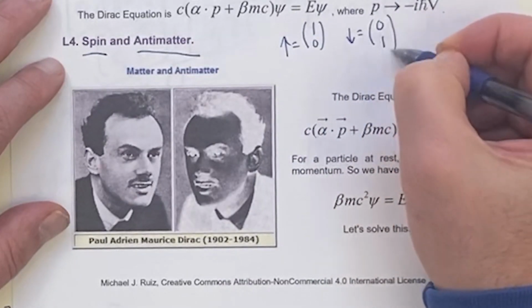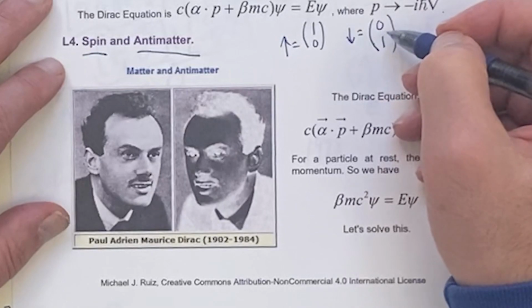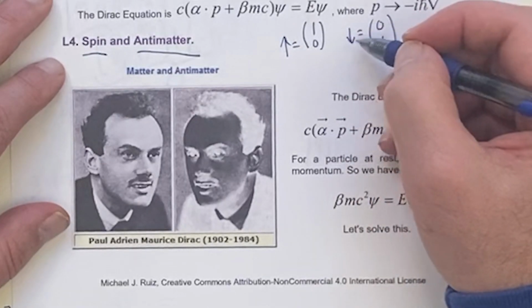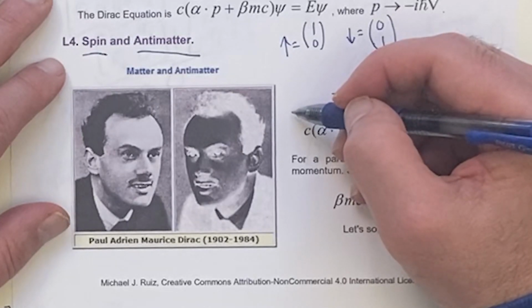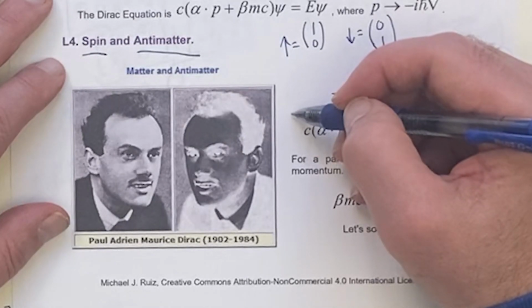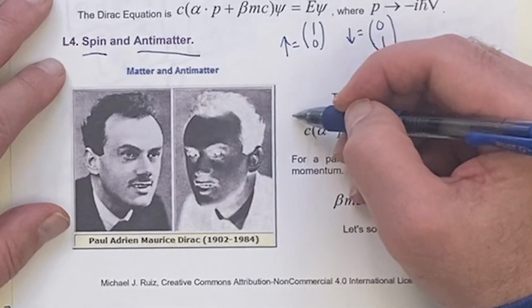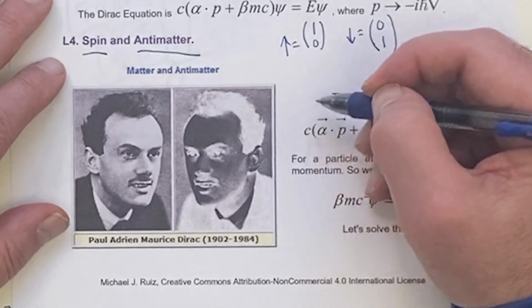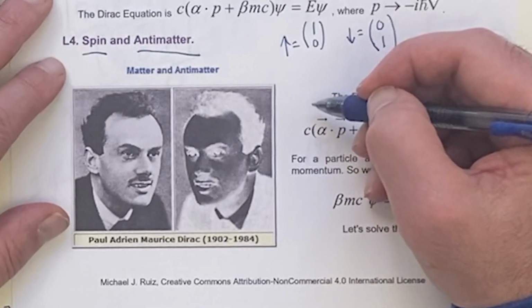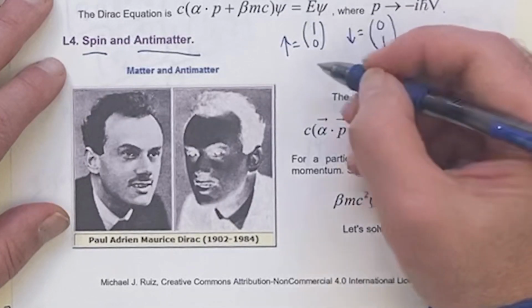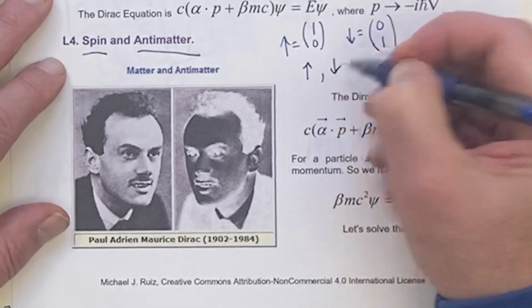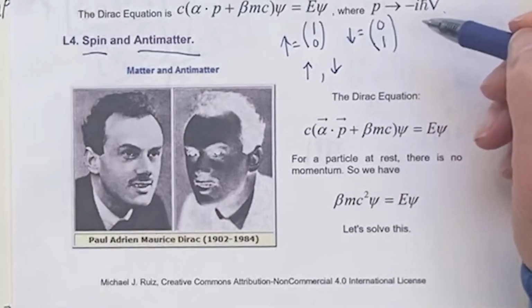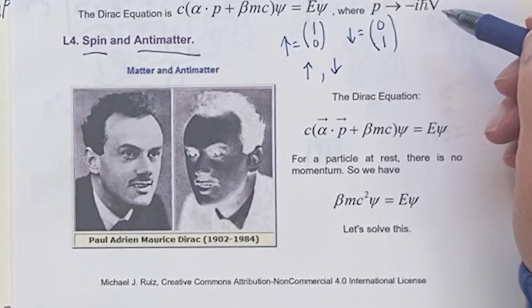When my daughter Frances was taking high school chemistry and she was learning about spin and going crazy, and she asked me, I says, don't worry about it. I says, you're not going to understand it any better than what your teacher's teaching you unless you become a physics major or take advanced physics and study Dirac, where you can then see where the two cases that are going to come out, there's up and there's down, and that's coming from the spinors, and the spinors come from the Dirac equation.